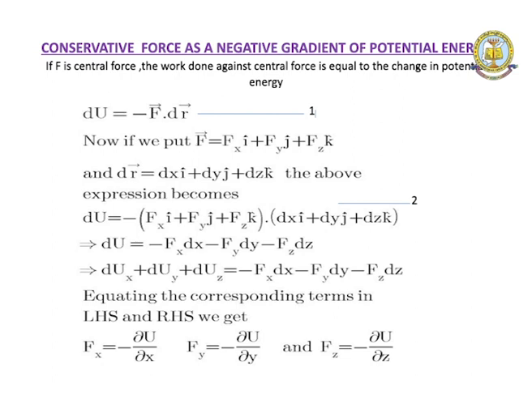Here i, j, k are the unit vectors in the x, y and z directions. The position vector r is equal to x i plus y j plus z k. Differentiating the position vector, dr is equal to dx i plus dy j plus dz k. Substituting the F and dr values in equation 1, dU is equal to minus (Fx i plus Fy j plus Fz k) dot (dx i plus dy j plus dz k).